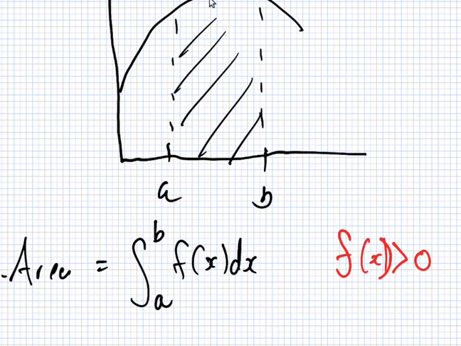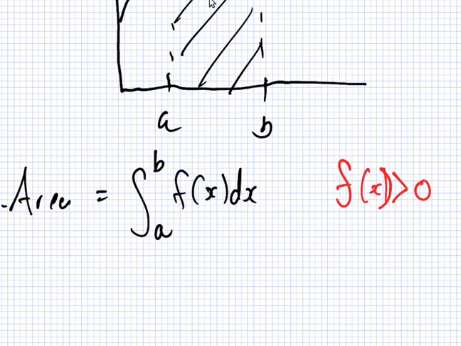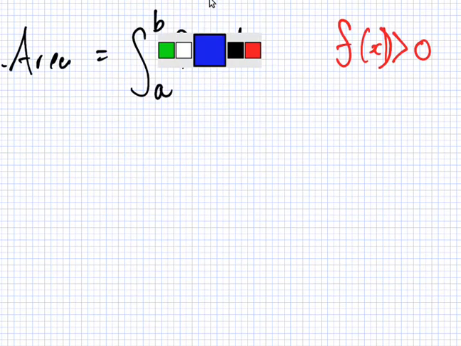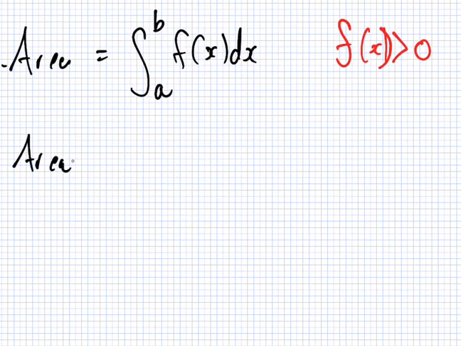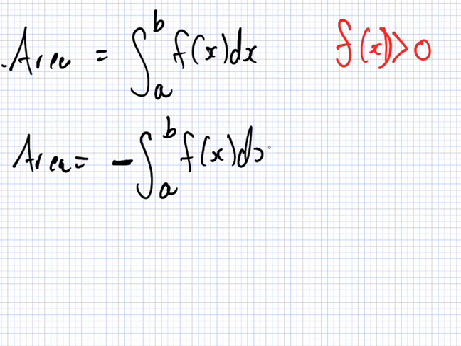So like how I drew it in my diagram. If f of x was less than 0, if the curve was under the x-axis, it's quite easy to fix. All you do is you put a minus in front. And which also is the same as switching them, yes.